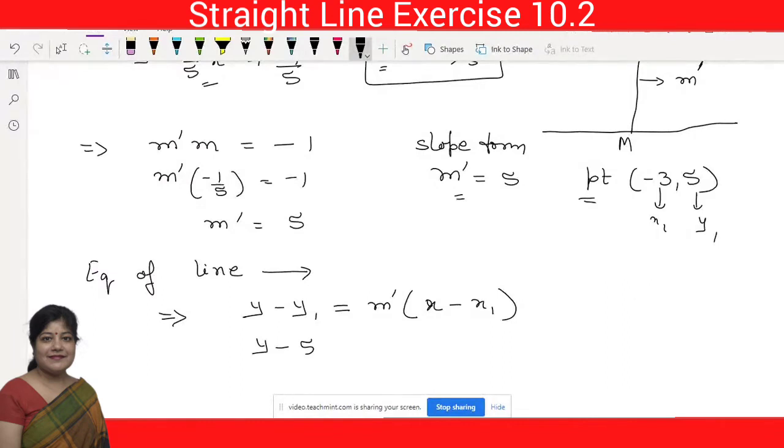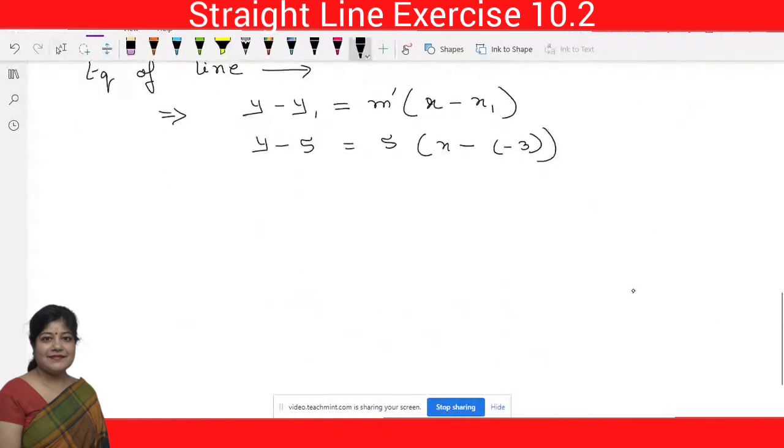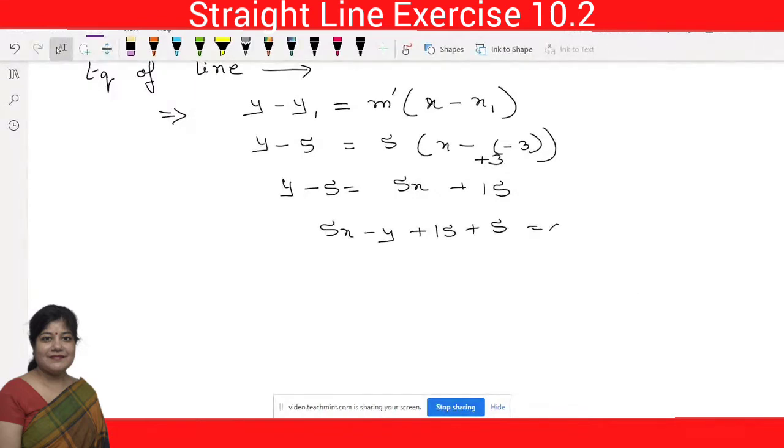So y minus 5, slope is 5, x minus minus 3. Clear? So now we have y minus 5 is equal to 5x plus 3, so 5 threes are 15. So the equation becomes 5x minus y plus 15 plus 5 equals 0, so 5x minus y plus 20 is equal to 0.